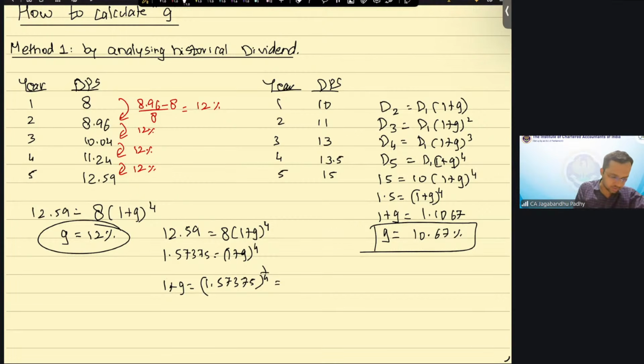You just take the square root 2 times. This is 1.12. Yes, the growth rate is definitely 12%, because 1 plus g is 1.12.